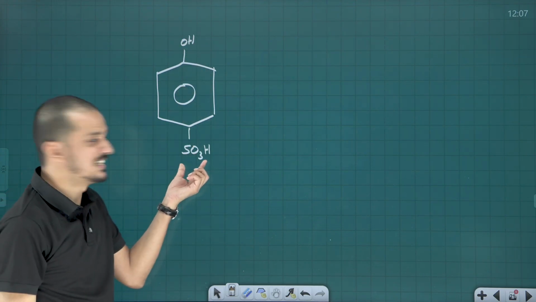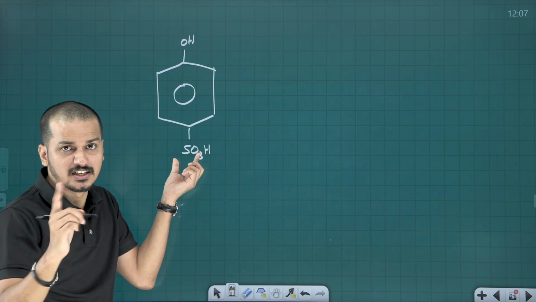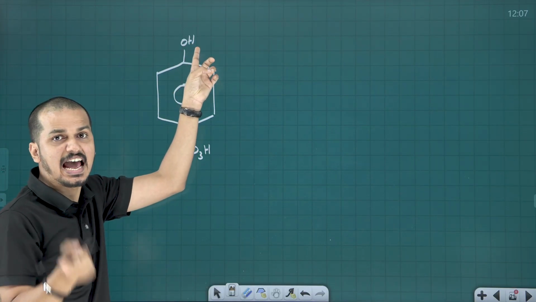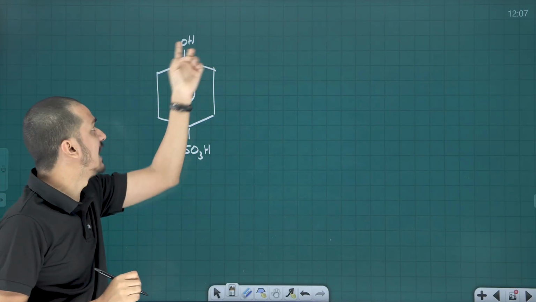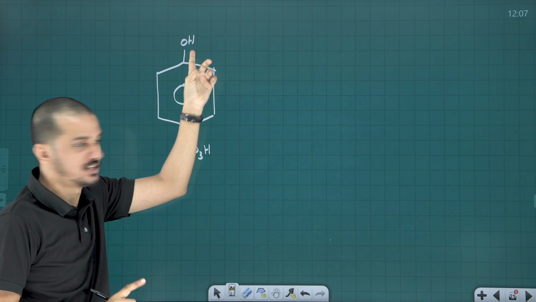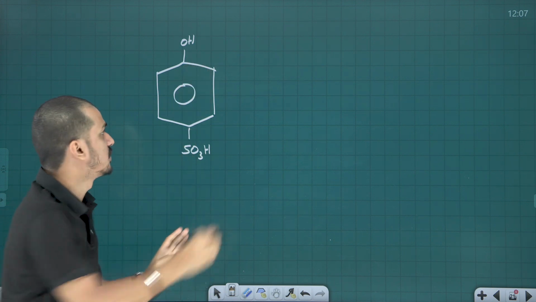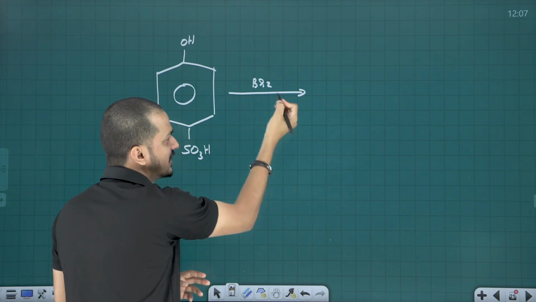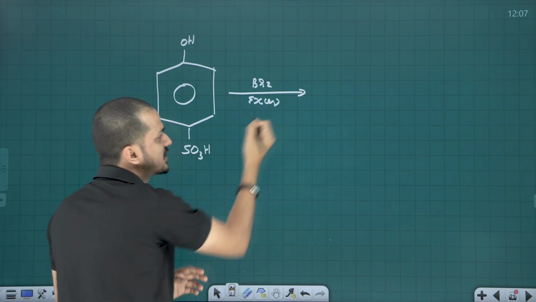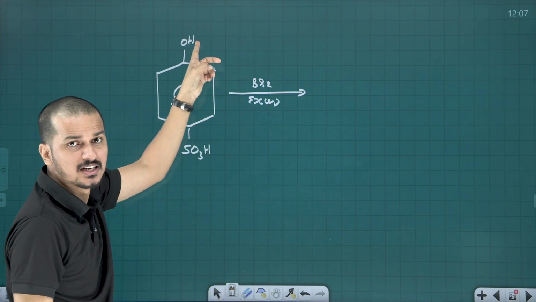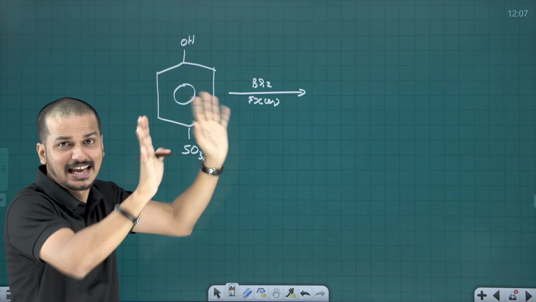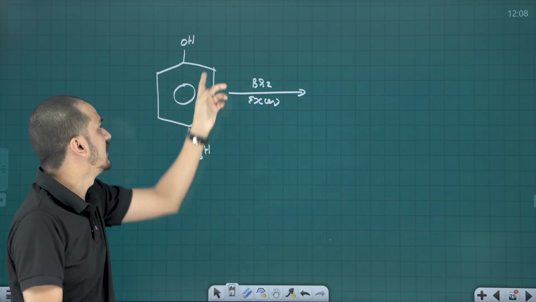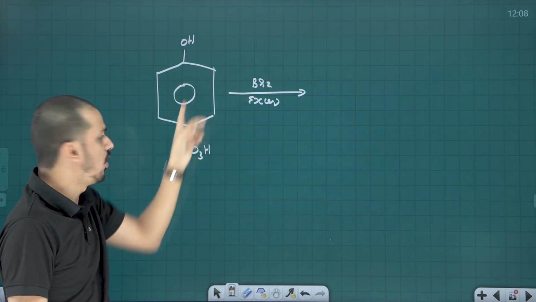This SO3H is a deactivating group. OH is an activating group, which means it is ortho-para directing. You are taking excess bromine, so in the first step, since OH is activating, it can send the bromine to either its ortho or its para position.